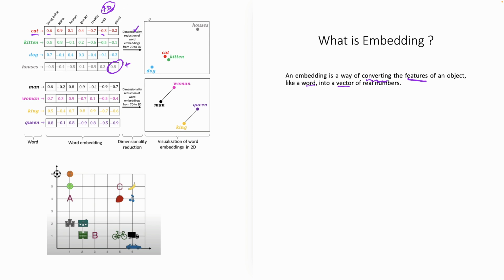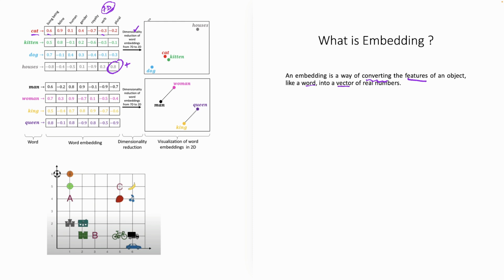With this reduction of the word embeddings from 7D to 2D, we are going from 7 dimensions to 2 dimensions. This is a process where complex, high dimensional data is transformed into a lower dimensional space to make the data easier to visualize and work with.